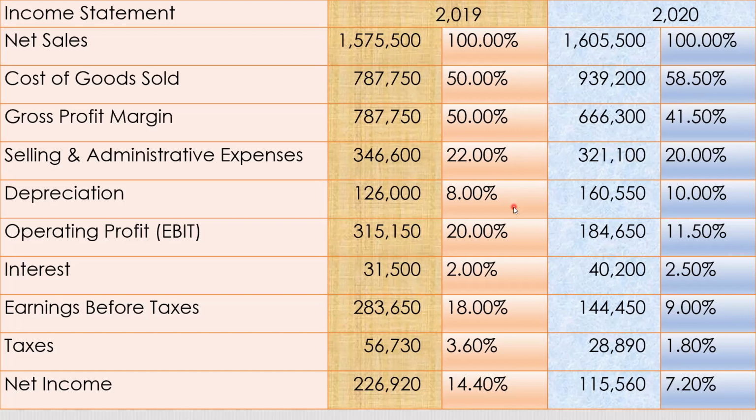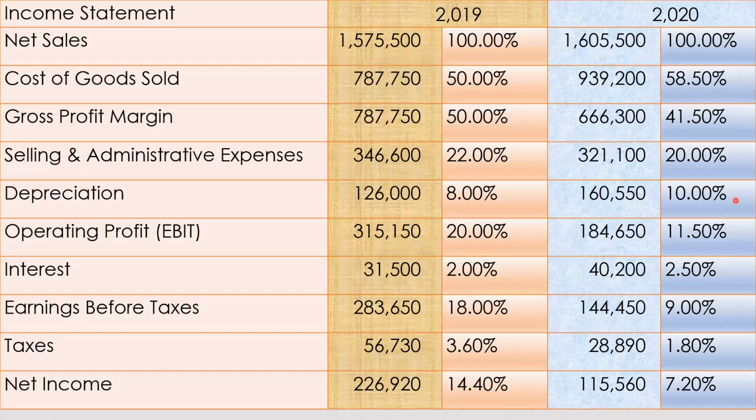Now let's take the depreciation. The depreciation expense in 2019 is lesser than 2020. In 2020 it is 10%, in 2019 it is 8%. So this is greater. This may be due to the acquisition of new assets. You know that in recent periods, the depreciation cost may be higher.